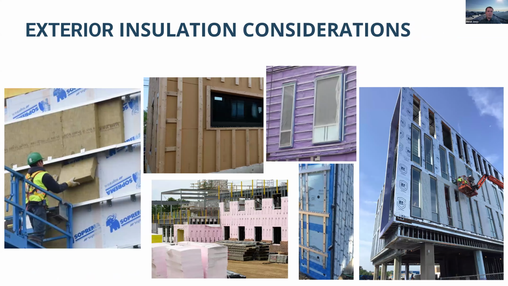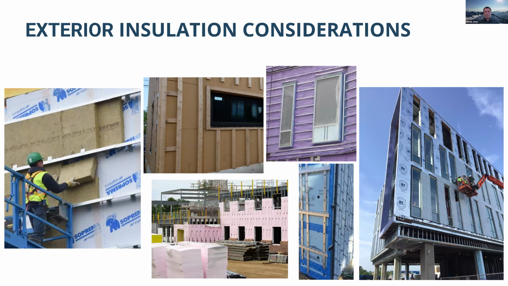You have to be a bit careful about exterior insulation. There's a lot of thought that needs to go into what type of insulation, how thick, all sorts of considerations like fire performance. There's not a one-size-fits-all solution here, but lots of different ways to do it.